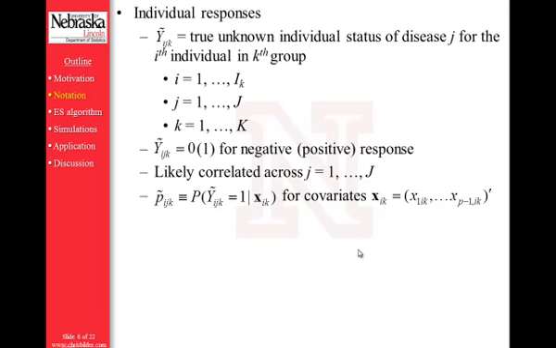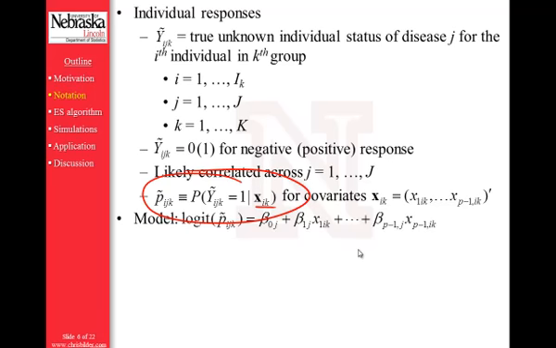What we're interested in doing then is looking at this right here. The probability of having a positive individual for a particular disease given a set of risk factors denoted by my covariates. And we're going to denote this probability as P tilde sub ijk.